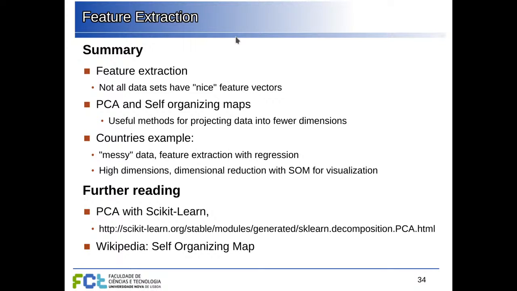We're going to revisit this later on under the umbrella of manifold learning. But in this particular case, we saw this example of the countries as a motivating example for extracting new features. We took that messy data, we fit a set of curves, and we used the parameters of the curves as features, and then also did this dimensionality reduction to try to visualize the data.